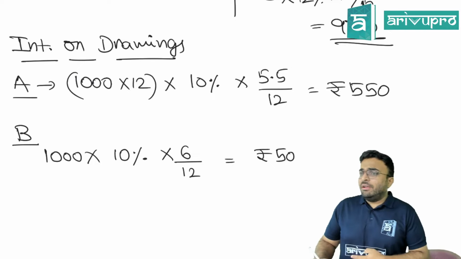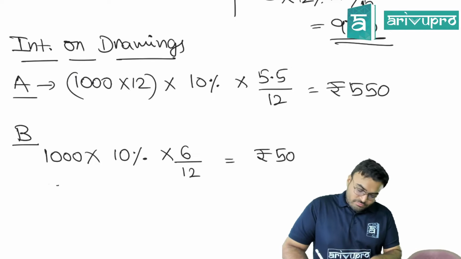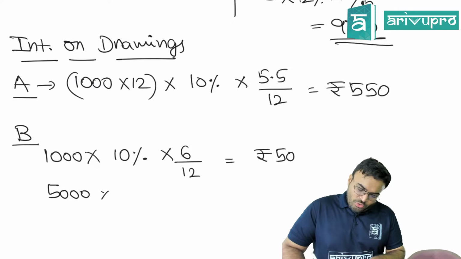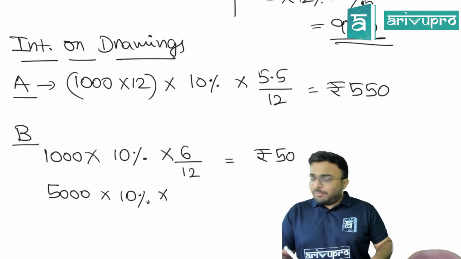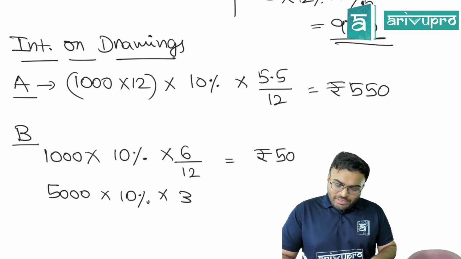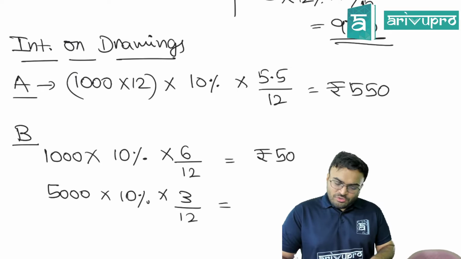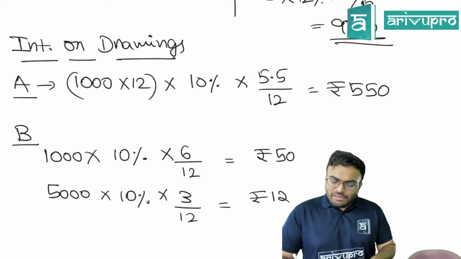Next, 5,000 into 10%, and this 5,000 was taken on 30th of September, so only 3 months. So 3 by 12, that gives you 125. So the total interest for B is 175.